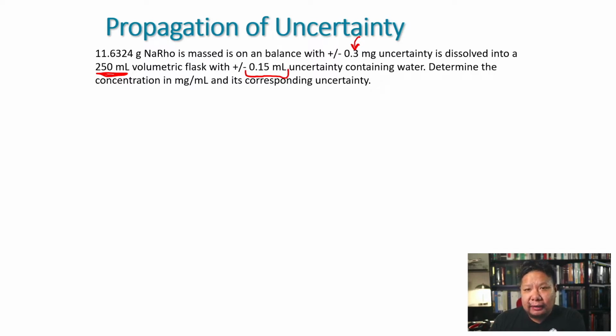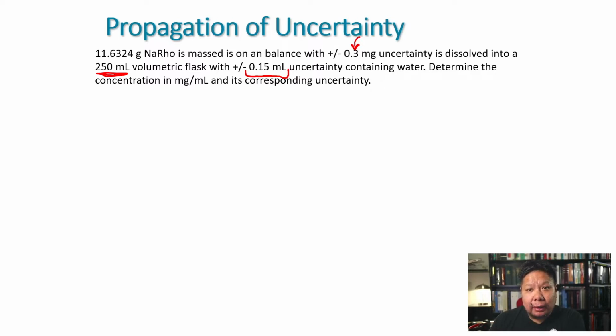And so this kind of calculation that you're going to be doing here in this example is going to be a very common calculation that you'll be doing in lab, right? Where you're calculating the concentrations of solutions, either by doing a dilution calculation like M1V1 equals M2V2, or just determining a concentration by dissolving a solid into some water.